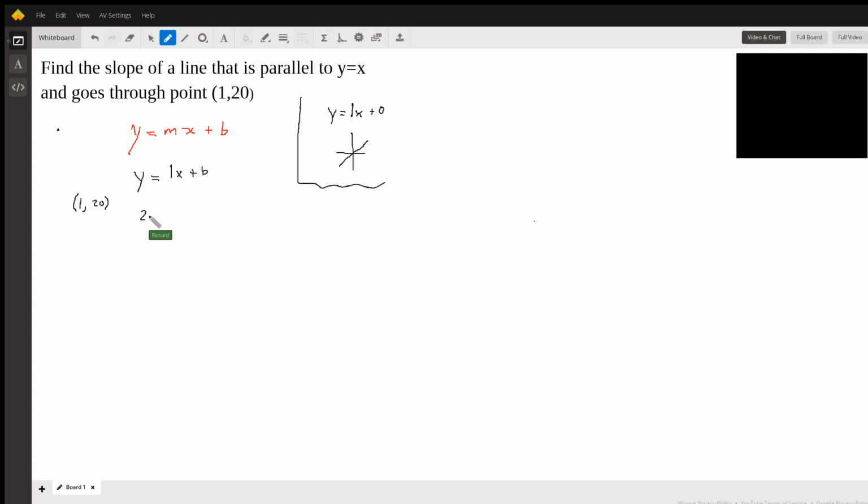So I'm going to get 20 equals, actually, x is 1 now, so it's 1 times 1, which is 1, plus b. So b is going to be 19. And our final answer is y equals x plus 19.